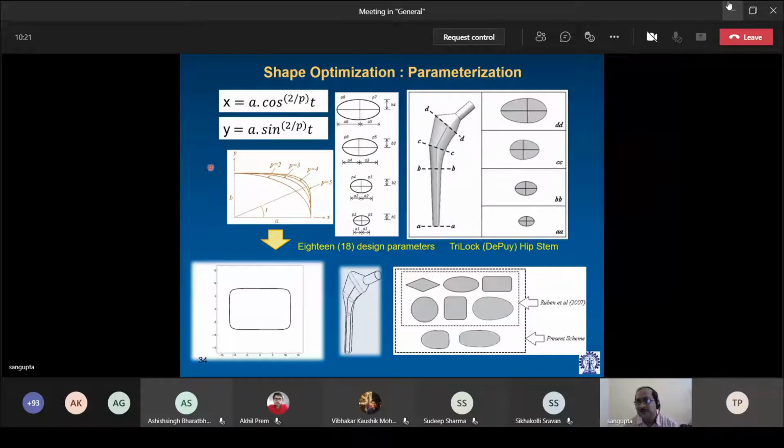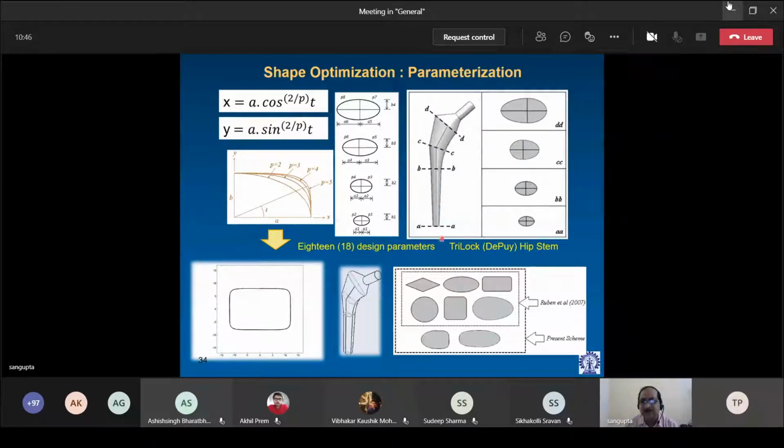Now, as you can see, this is quite an important slide. And if you look on this animation down here, and of course, in combination with generic design, which is called Trilok stem. This is still in use, Trilok, Johnson & Johnson hip stem.